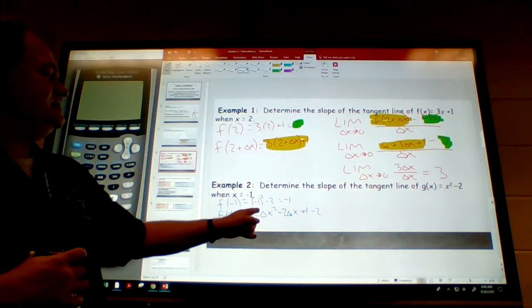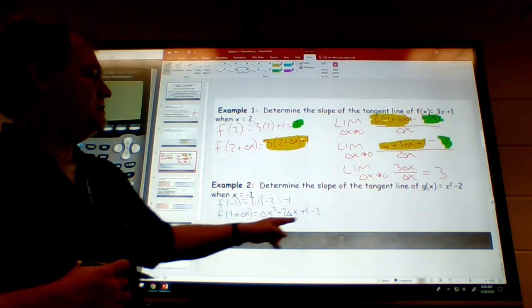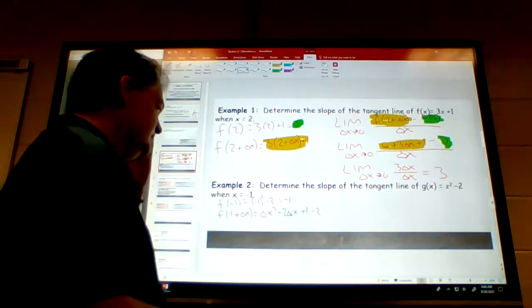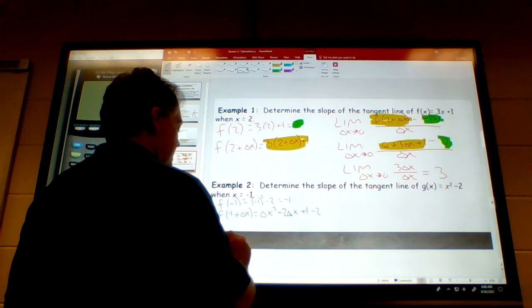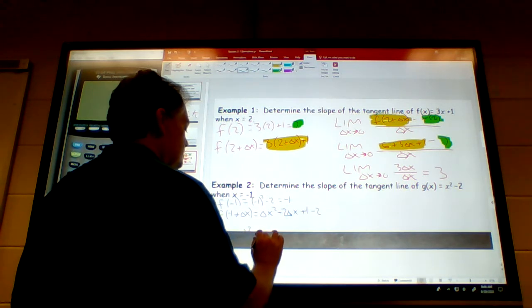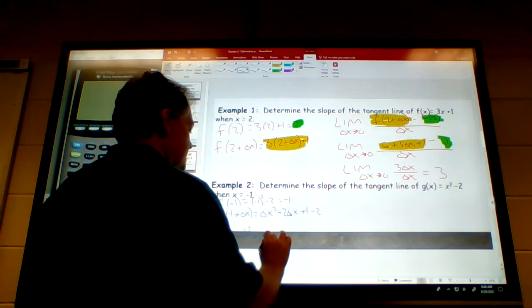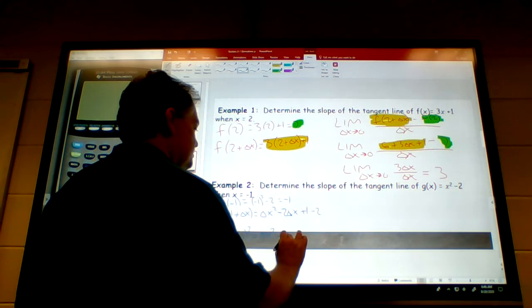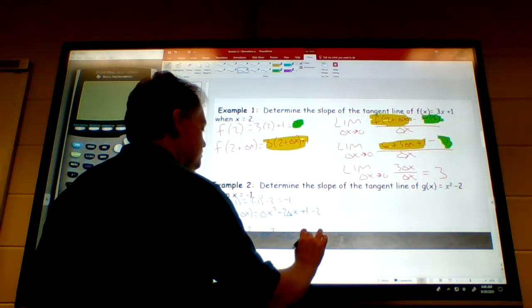Because what happens is I plugged this right here in for x squared, and I'm going to write it down here, delta x minus 1 squared equals delta x squared minus 2 delta x plus 1, and then, of course, minus 2.